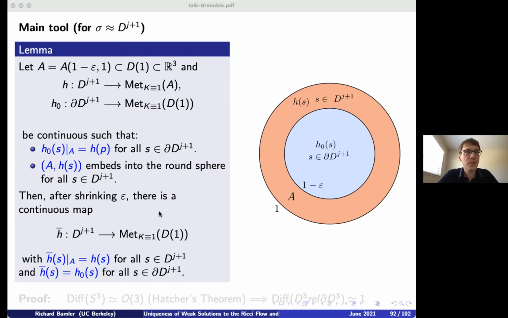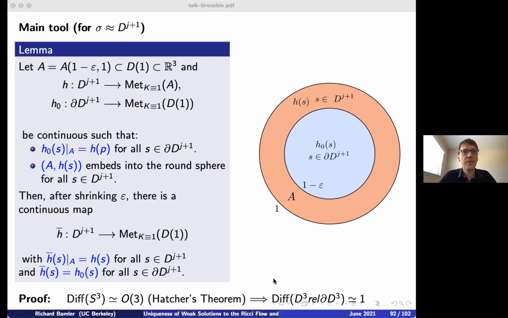And so how do we prove a lemma like this? Well, it's well known that, by a more or less abstract nonsense argument, this lemma is equivalent to the Smale conjecture. Essentially, the Smale conjecture says something about the diffeomorphism group of S3, but this can be reduced to saying something about the diffeomorphism group of the 3 disk relative to its boundary.